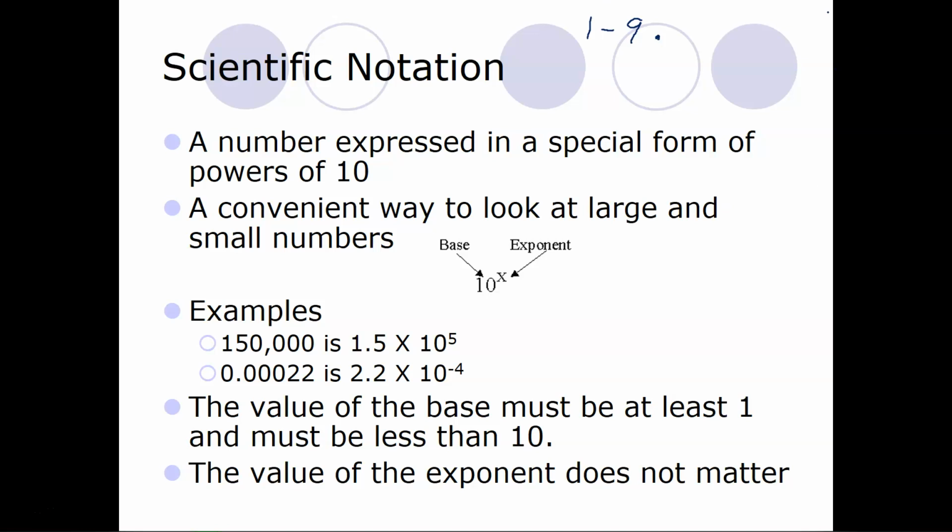So the way they've shown you here is that they start off with 150,000. You simplify that into 1.5 times 10 to the 5 because where's my decimal supposed to be?